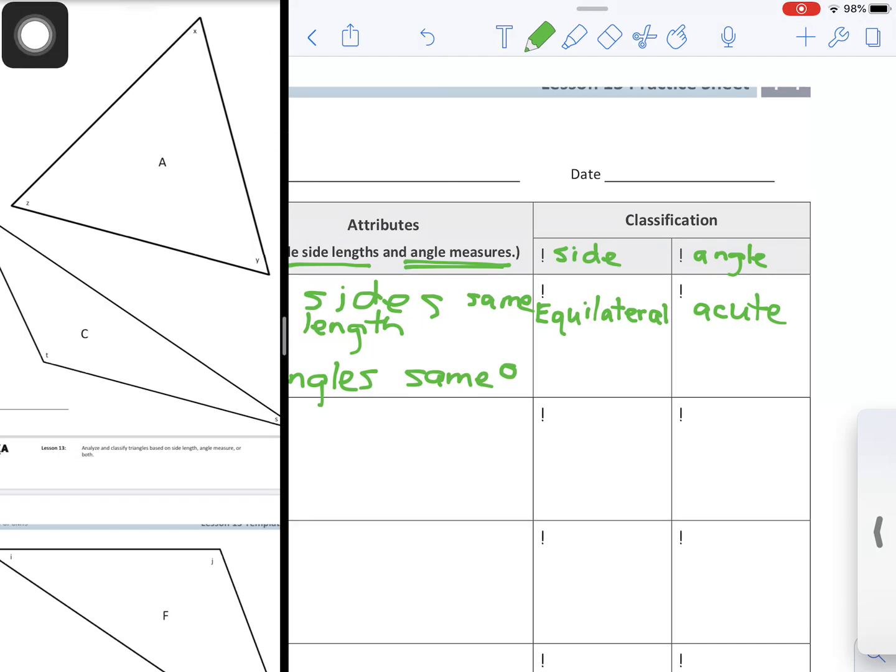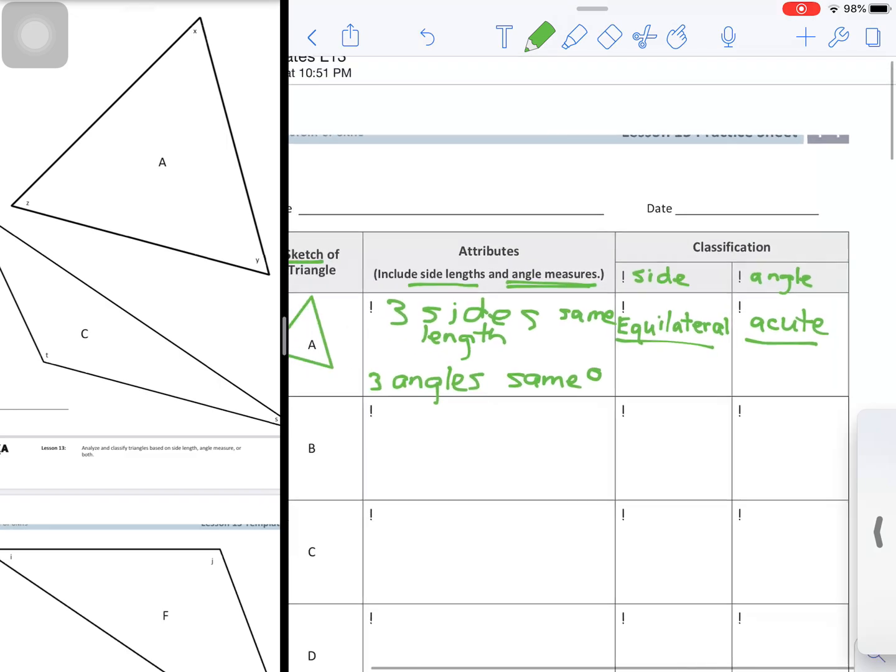You can see that at a glance. So we would say that triangle A is an acute equilateral triangle. We sometimes name the angles first.